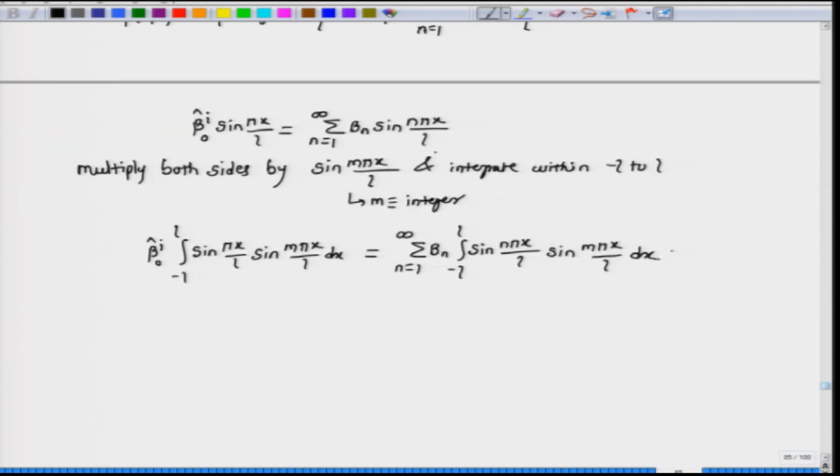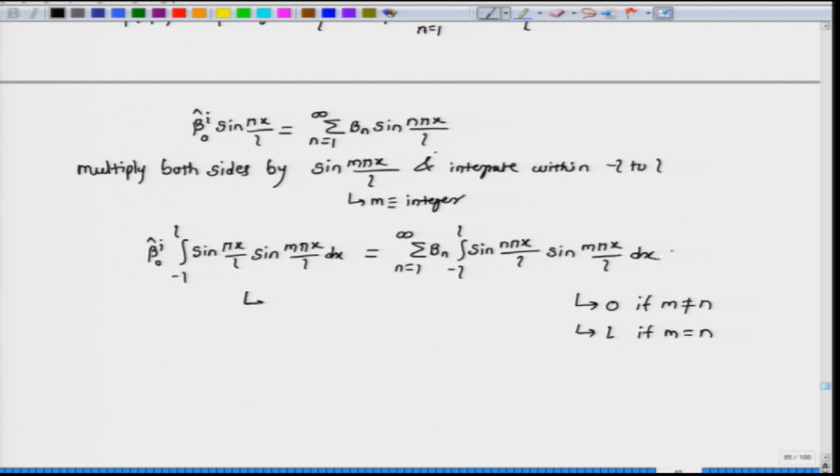Now, it will be clear why we did this, because the integral on the right hand side has a value equal to 0 if m is not equal to n, and it has a value of L if m is equal to n.